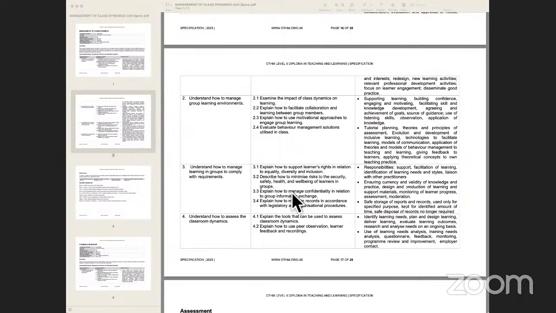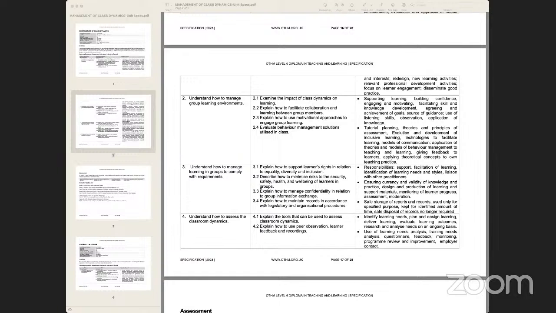And that is where the anticipation in terms of anxiety, nervousness, or stress would build in. And that is why it is important to look at minimizing any sort of risks which would put the teaching and learning side of things for learners at risk in the classroom. The third one that we're going to look at is how to manage confidentiality in relation to information exchange.